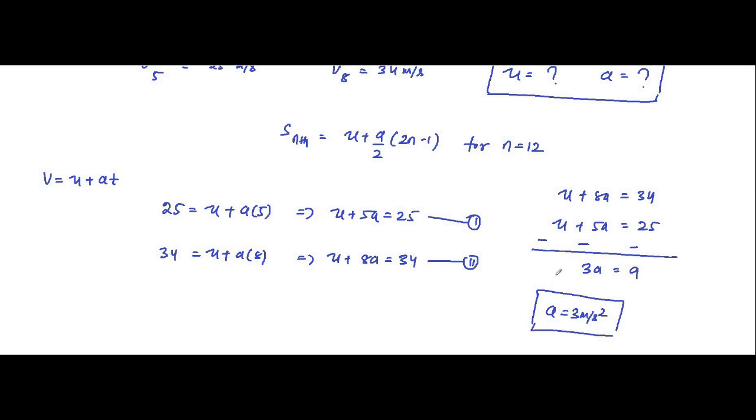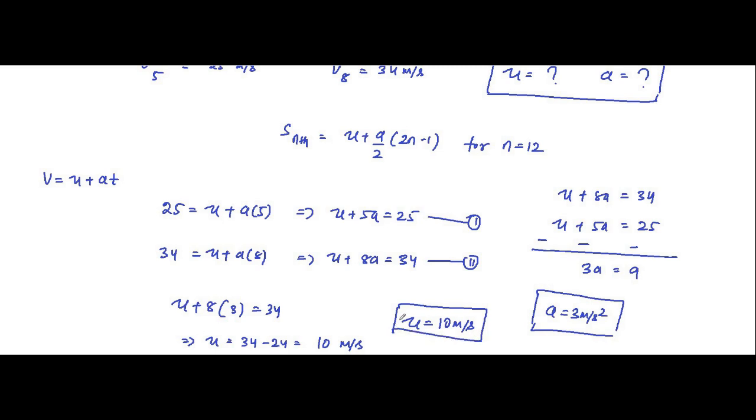Then to determine u, we can simply substitute in u plus 8 into a, which is 3, equal to 34. That implies u is equal to 34 minus 24, which is equal to 10 meters per second. Initial velocity is 10 meters per second. Acceleration is 3 meters per second squared.